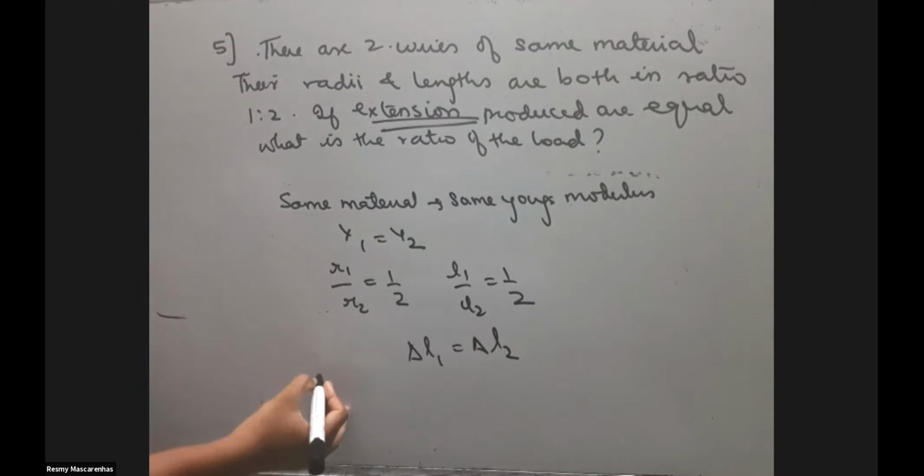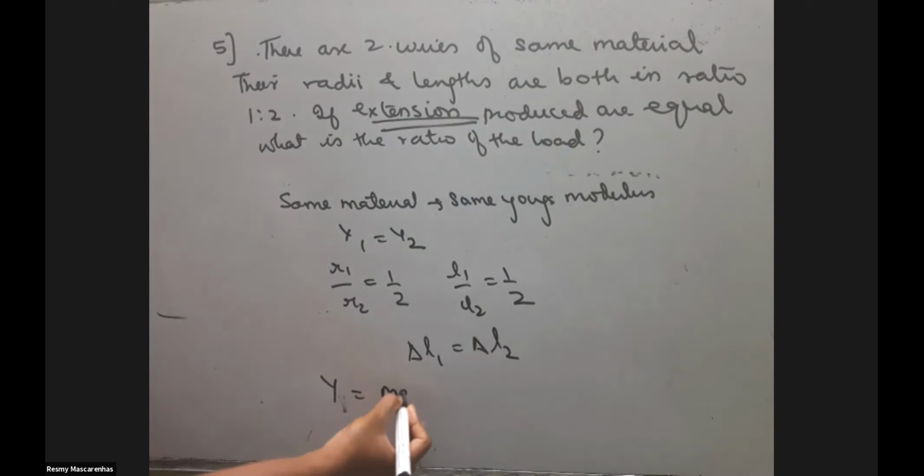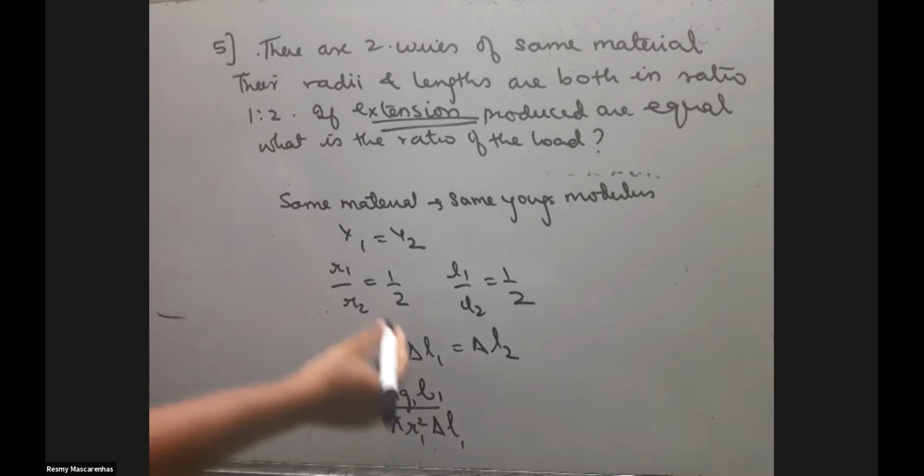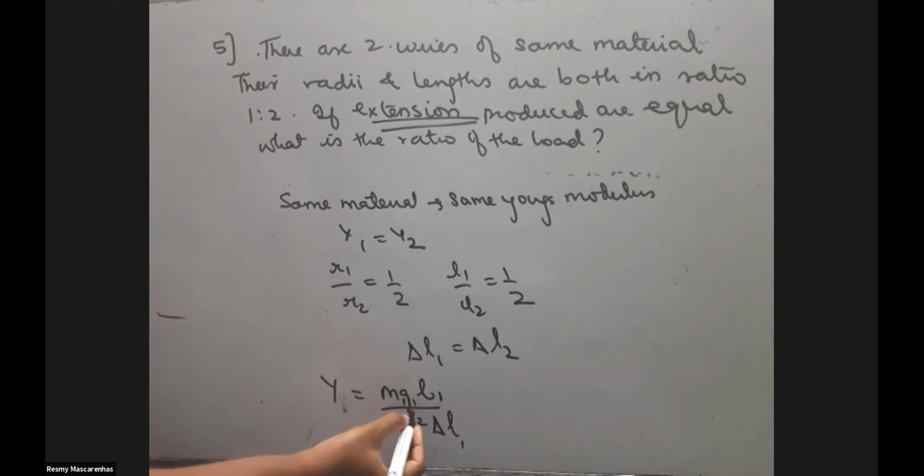So what will be y1 as per the formula? The y we know that it is mgl upon pi r square delta l. So everywhere we'll put 1. So mg1 will take the load, m1g. G is anyway same.